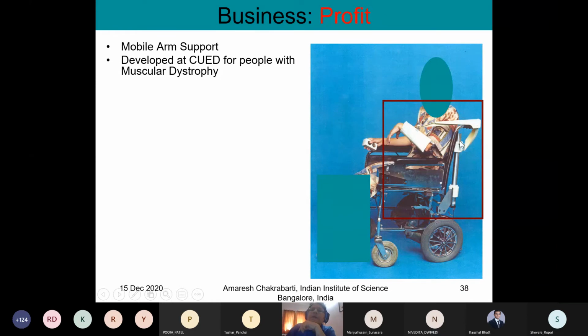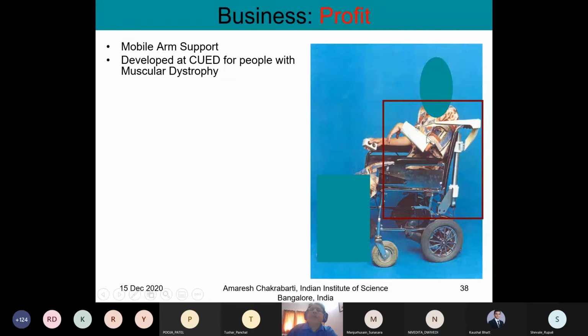And this white bit that you see here goes up and down, like a nut. When you rotate a screw, a nut moves up and down, right? And the hand is held by a sling with enough degree of freedom with which the arm can be moved around in a horizontal plane by the person.